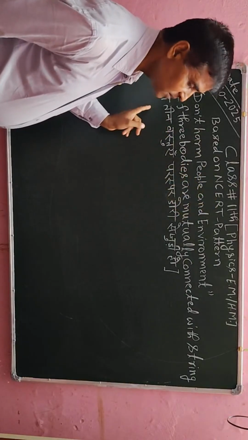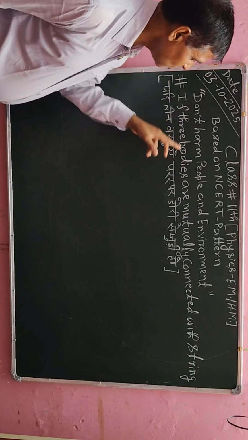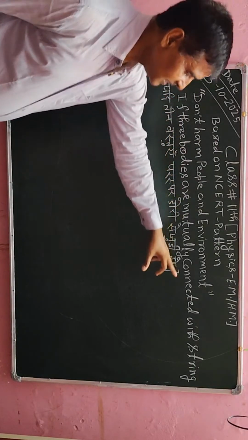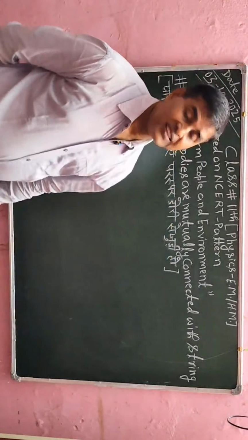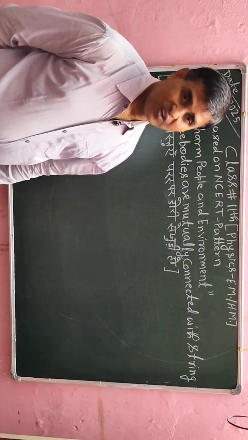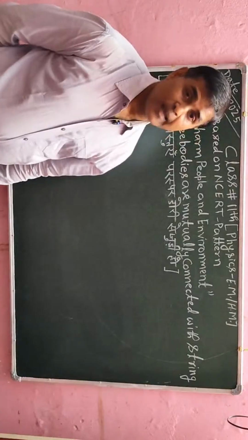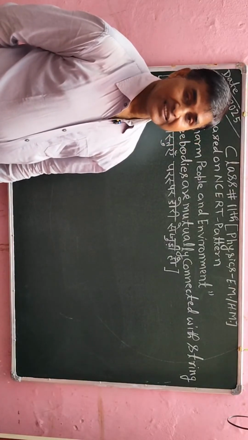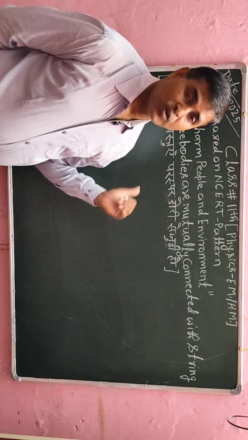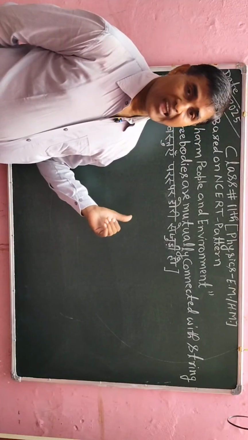Now here one topic I have written. That topic name is: if three bodies are mutually connected with string. In this case we have to find the common acceleration of these three objects, these three bodies, and also we have to get the tension force between object M1 and M2 and between body M2 and M3.